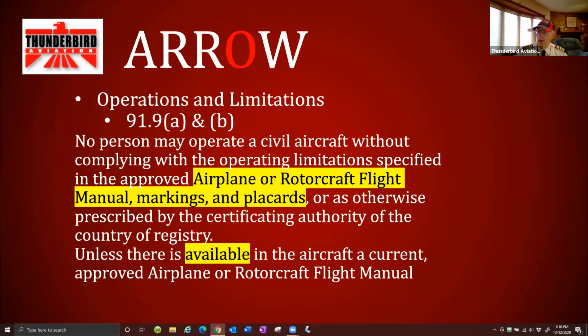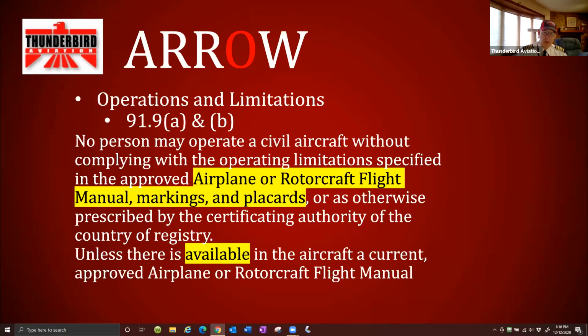But the operations side does include the official pilot's operating handbook or approved airplane flight manual for the aircraft itself. It's not something you can buy off the shelf at a pilot shop or off of sporties.com online. It's the official airplane flight manual that is for that specific aircraft.